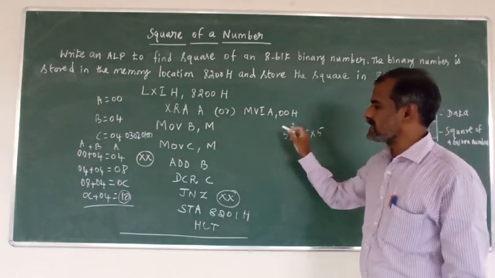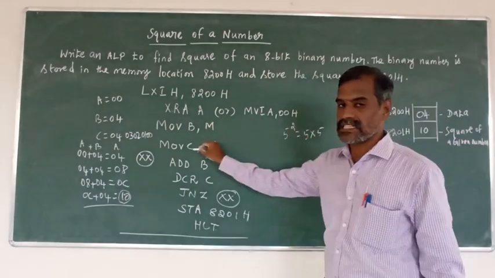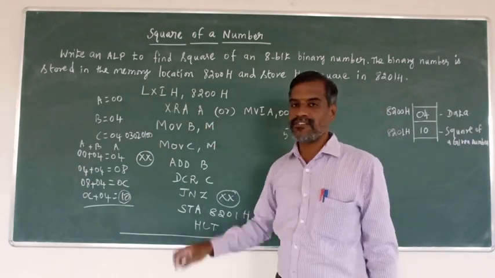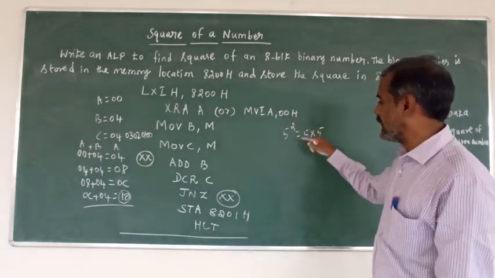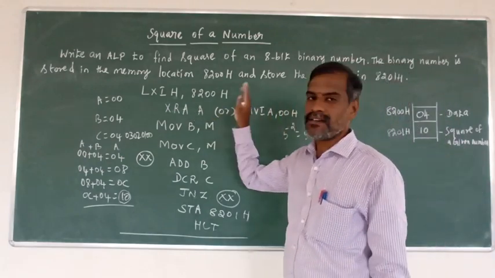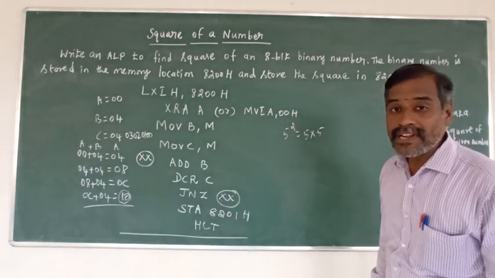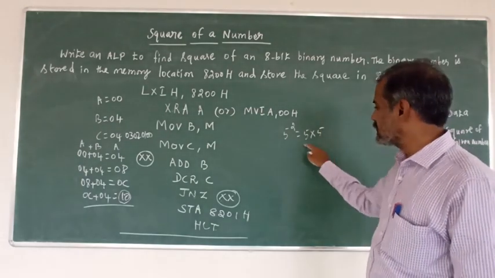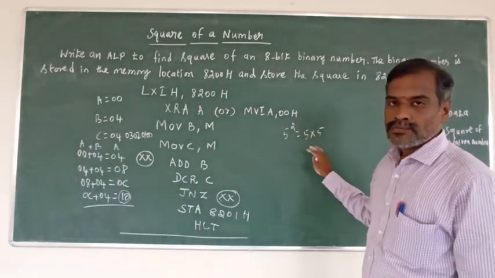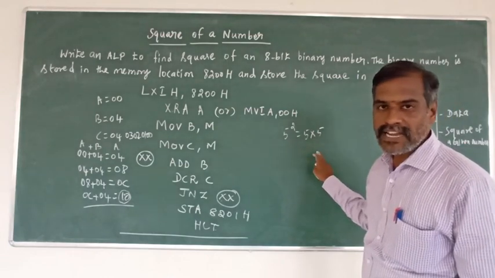The same data we can move to the B register and C register, and initially the accumulator will be 00. Fix one register as the counter and add with the second data, accumulating until the counter value is 0. It will repeat the process until the counter value is 0.